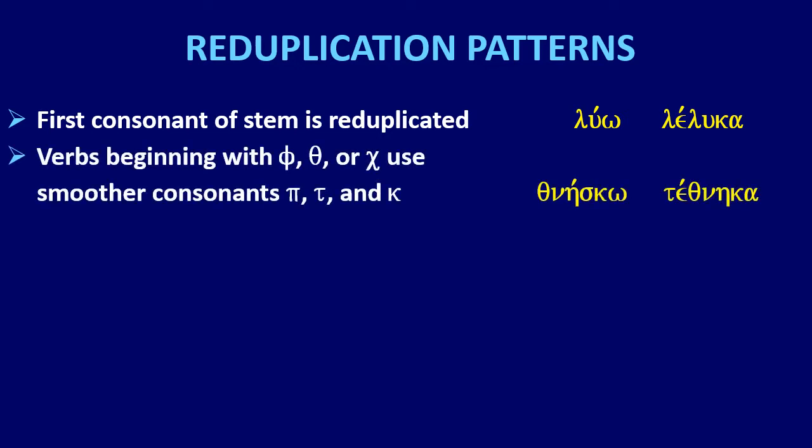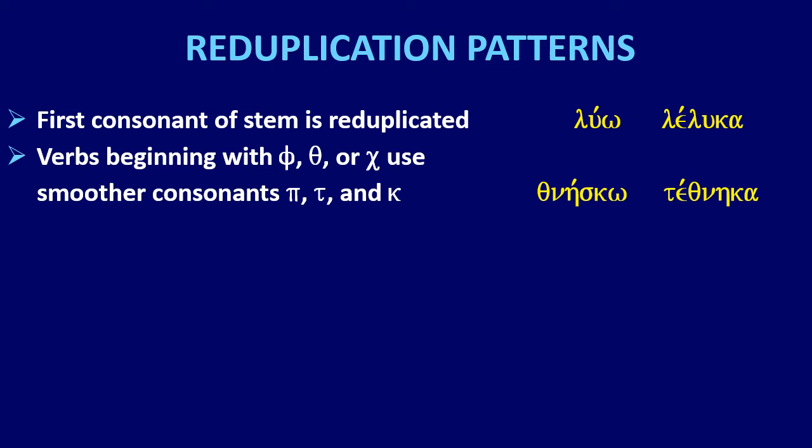But there are other instances where you have verbs that begin with other letters, such as phi, theta, or chi, and sometimes they are changed into smoother sounding consonants for the reduplication, such as pi or tau or kappa. For thnesko, which is I die, it's changed into tethnika, and so you can see the theta changes to the tau.